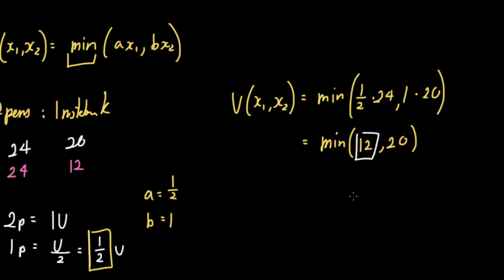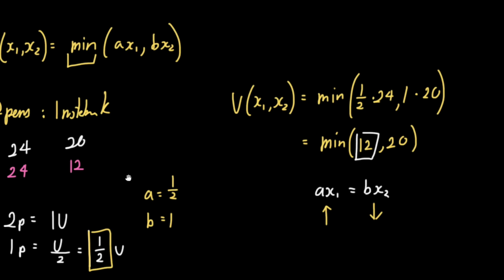So to maximize utility in the case of perfect complements, A x1 should be equal to B x2. This way, as we increase our consumption of good 1, we decrease the consumption of good 2 until the minimum of the two numbers becomes as large as you can possibly make it. So again, A x1 should be equal to B x2 to maximize perfect complements.